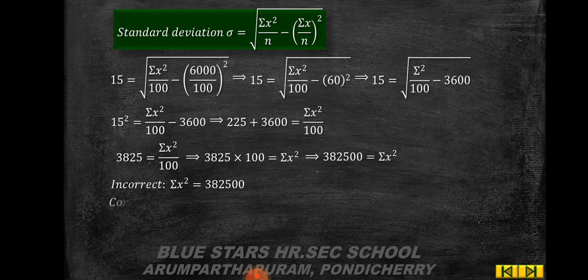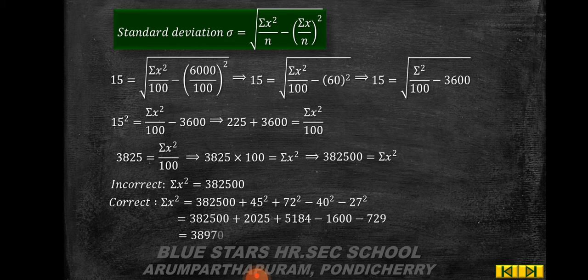So incorrect summation x square is 3,82,500 and corrected summation x square is, you have to add 45 square plus 72 square and subtract 40 square minus 27 square.